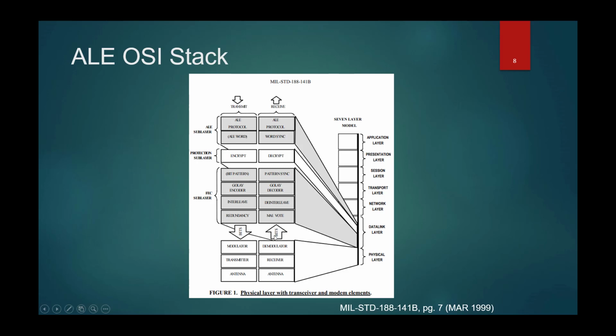Okay, so it gets brought in, gets de-interleaved, Golay decoder, pattern synced, then brought through the decryption algorithm that then brings out the word sync, and then finally the ALE protocol brings out that information to your radio, where it is establishing and keeping track of the soundings built in, or if this gets brought into your computer program to do all that same functionality.